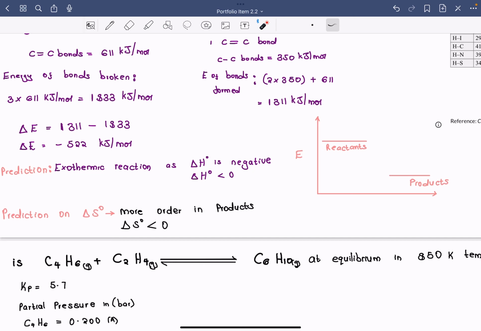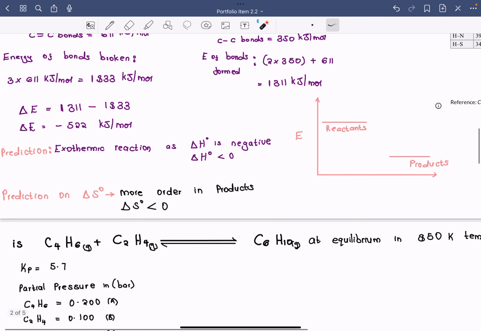So we get 1,311 minus 1,833, and from that you get negative 522 kilojoules per mole. So our change in energy is negative. That means this reaction is an exothermic reaction, making our delta H negative, so delta H is less than 0.